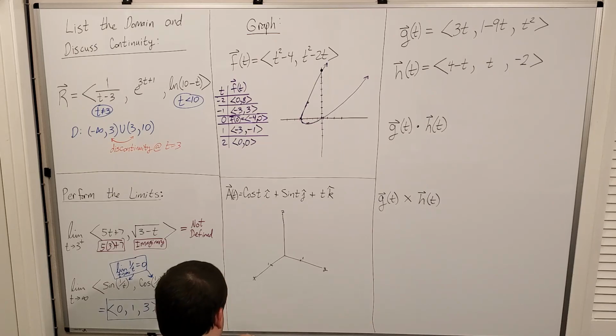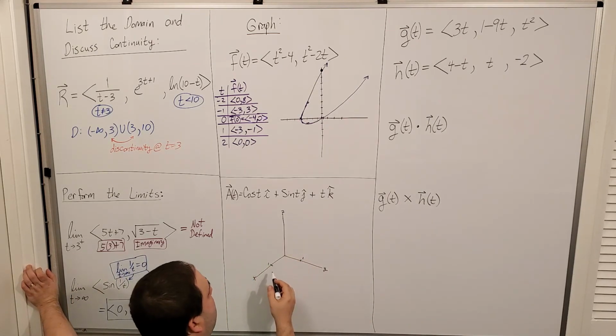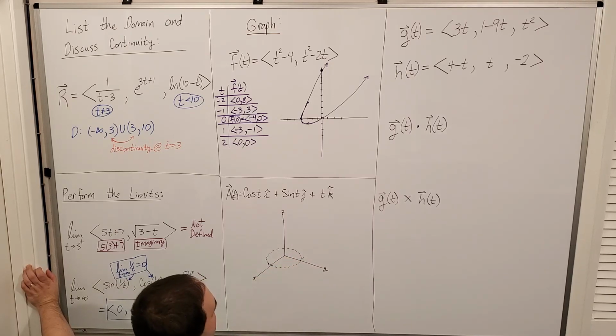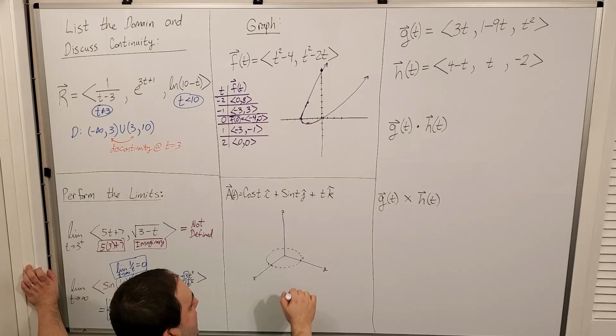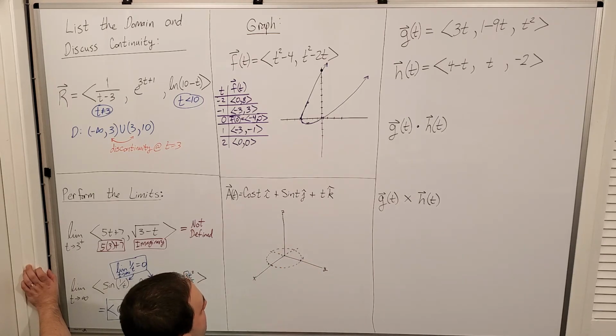And what I want you to think about is the circle of radius 1. So in other words, if I can sort of get you to see this circle here of radius 1, that's in the xy plane. Okay? So sort of just in the plane there with that thing.